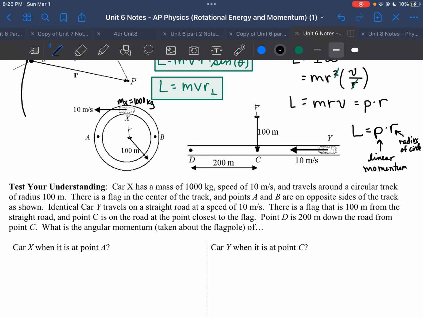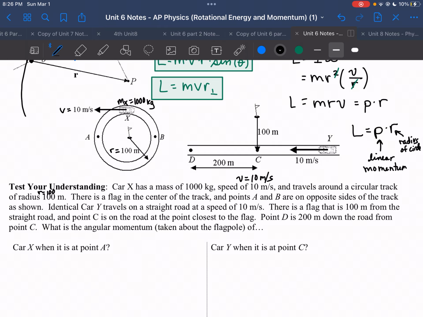We know that it has a speed of 10 meters per second. That's going to be the tangential speed, or the linear speed, if you think of it like that. So we now know that v is equal to 10 and travels around a circular path with a radius of 100. So r equals 100. I'm going to write that on my picture too. So we know radius is 100, velocity is equal to 10.